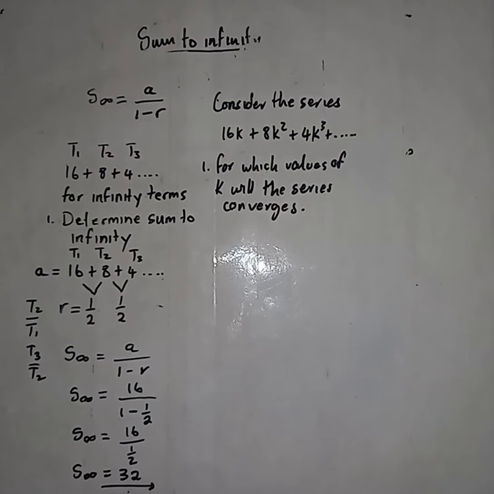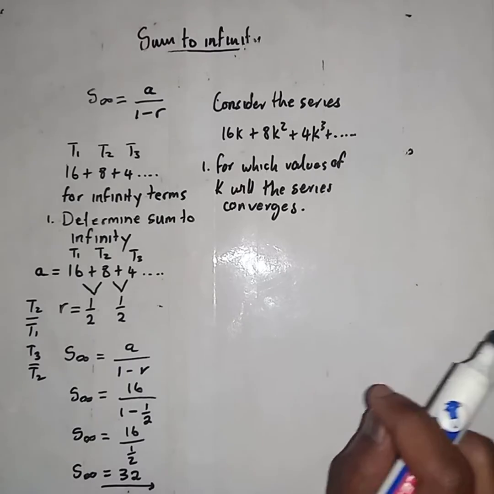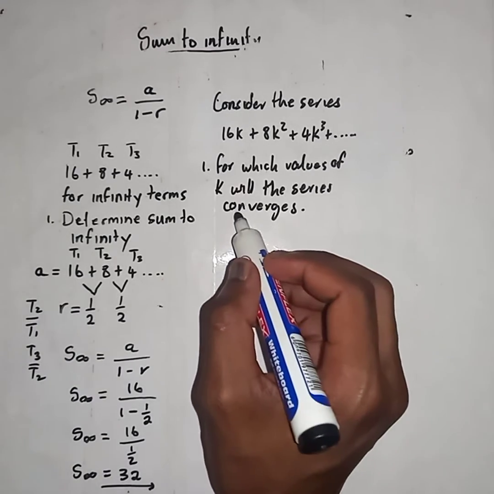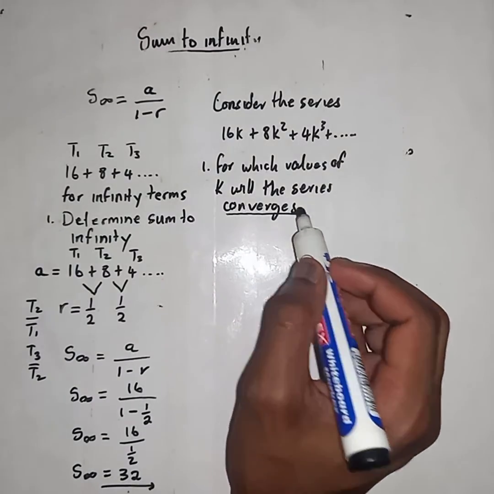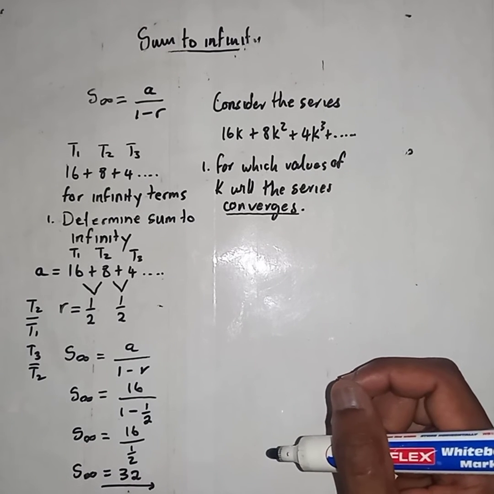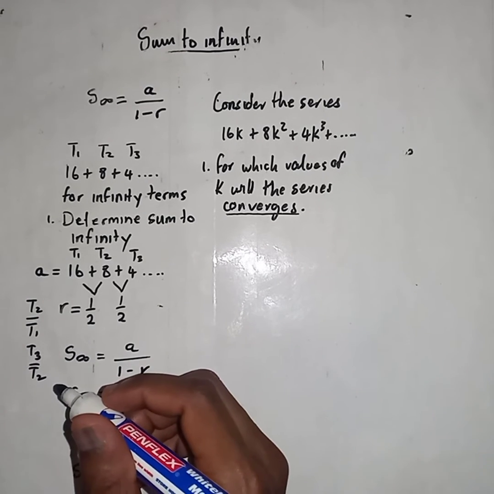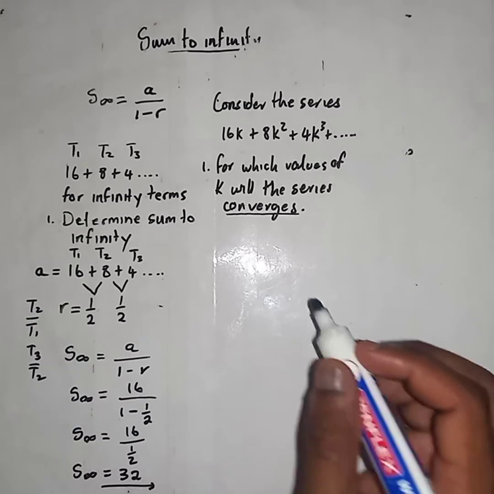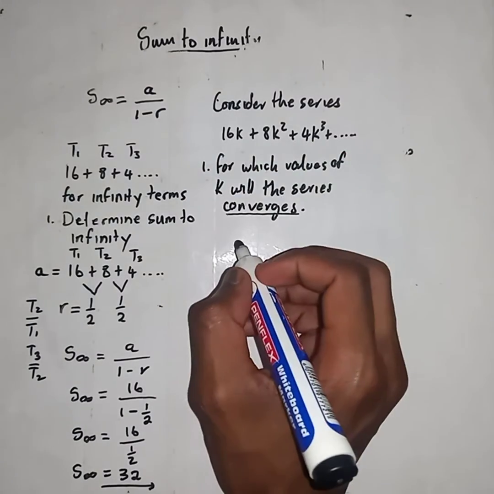You see, for which values of k will this converge? Don't forget that we said for this series to converge, the value of r must be between what? -1 and 1. Then let us consider the given.